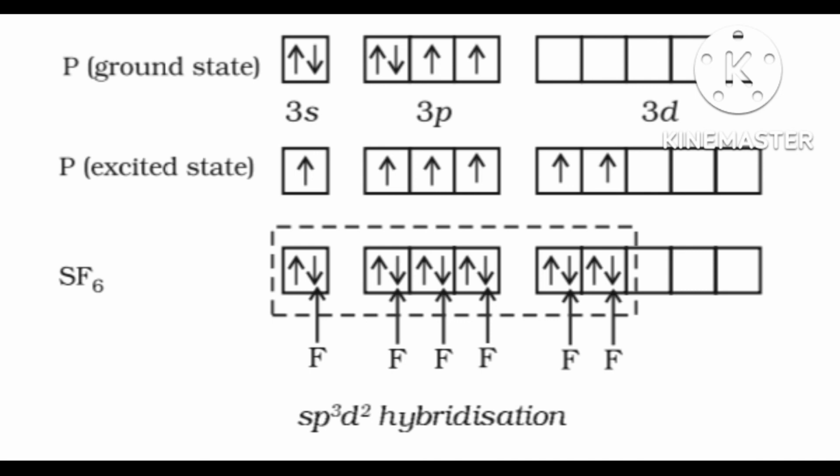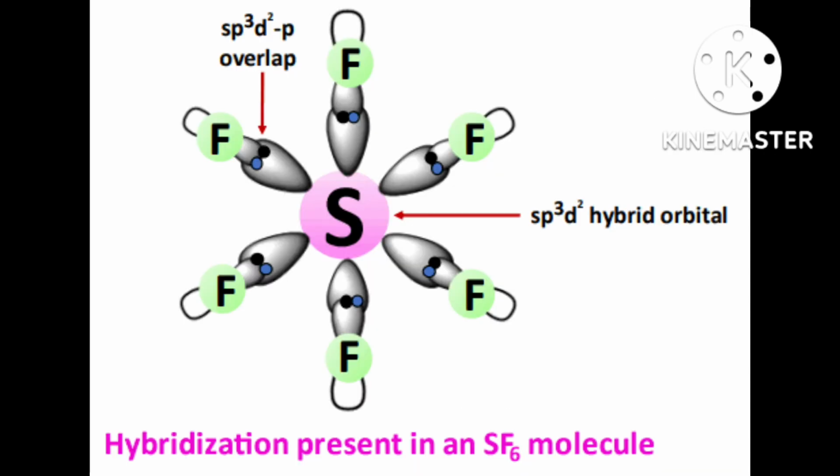You know that sulfur has 6 electrons in the outermost shell. In the ground state, 3s has 2 electrons and 3p has 4 electrons, so 3px has 2 electrons and the rest have 1 electron each, a total of 6 electrons.